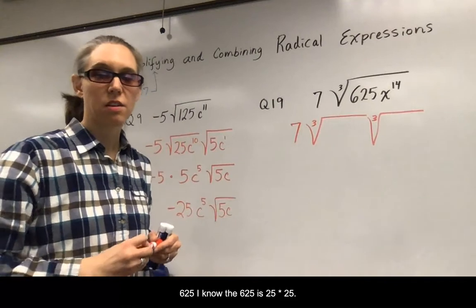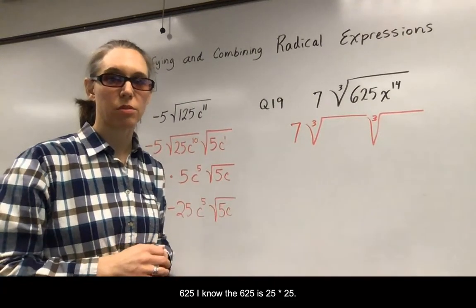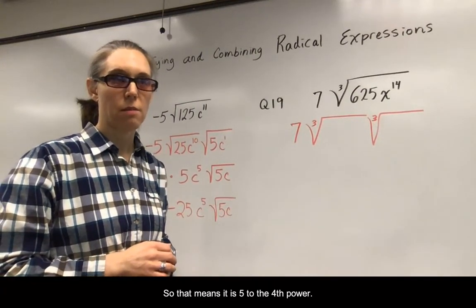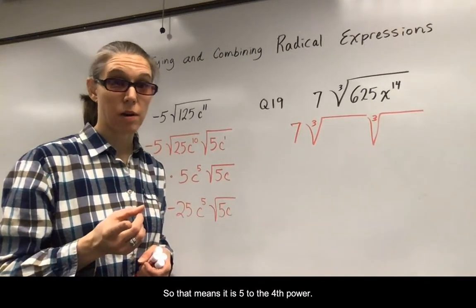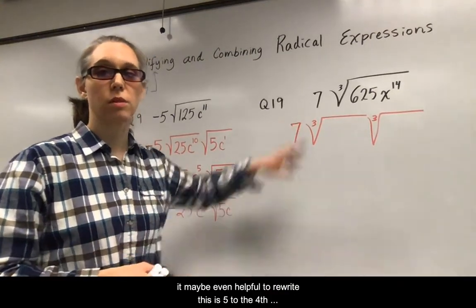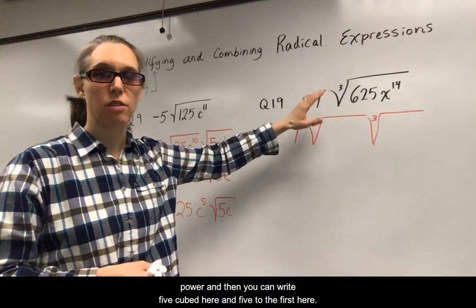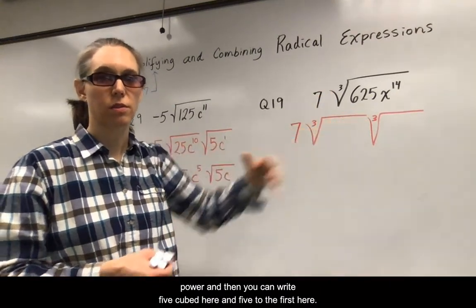625. I know that 625 is 25 times 25. So that means it is 5 to the 4th power. It may be even helpful to rewrite this as 5 to the 4th power, and then you can write 5 cubed here and 5 to the 1st there.